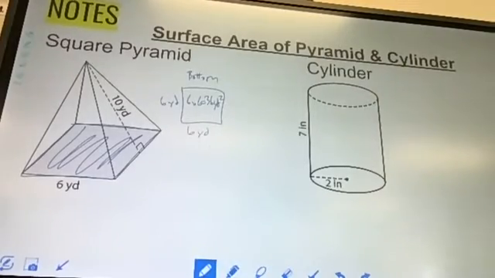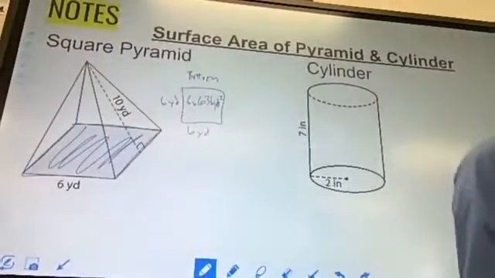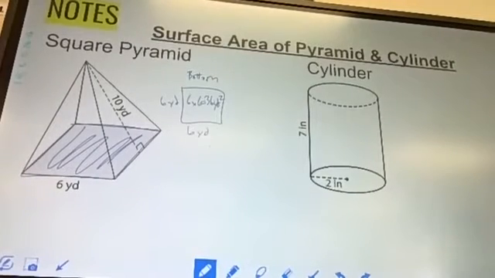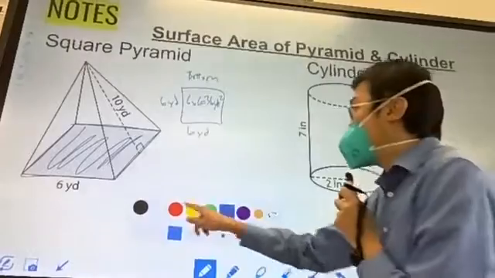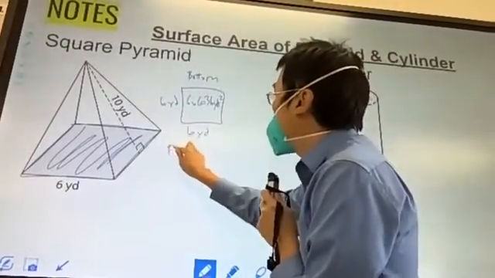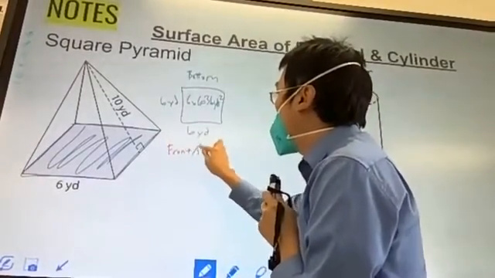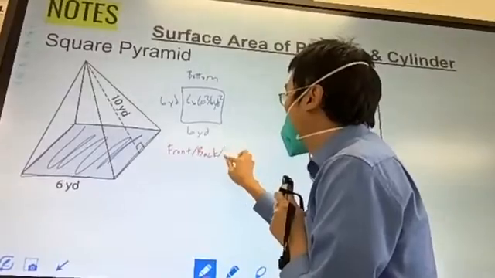And as you all mentioned earlier, there are also other faces besides the square, and that is the triangles. There are 4 triangles, okay? And we're going to call that front, back, left, right.